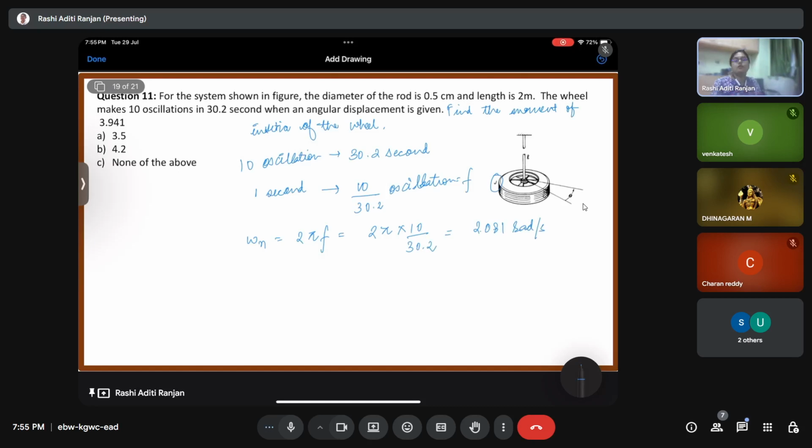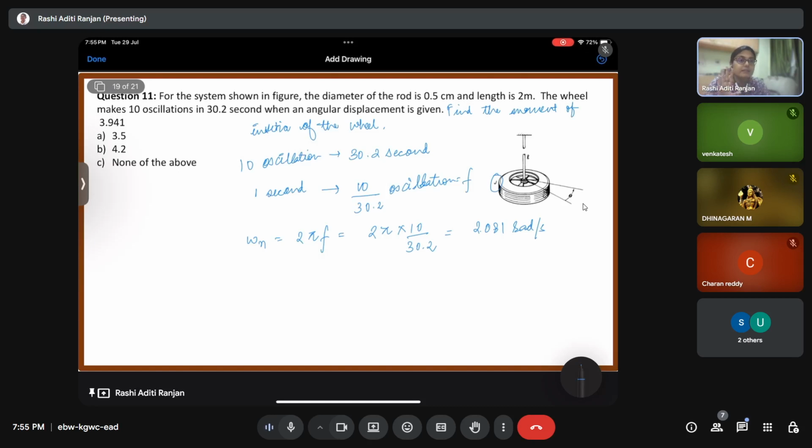So we are already done with finding omega n. Now what do we want? We know that omega n is going to be something related to under root k by m. But this is a torsional system. So I have to find the torsional stiffness, and instead of mass, I'll be using the moment of inertia J, which I have to find in the question.